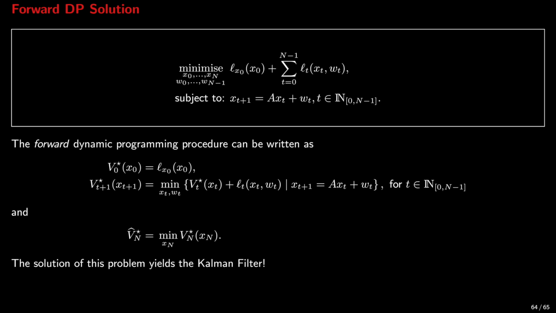This defines the forward dynamic programming recursion, where v0 star is equal to the arrival cost, L of x0, and vt plus 1 star is obtained from vt star by solving a problem where we minimize only with respect to xt and wt. Lastly, v hat n star is obtained by minimizing vn star with respect to xn. This is the forward dynamic programming procedure.